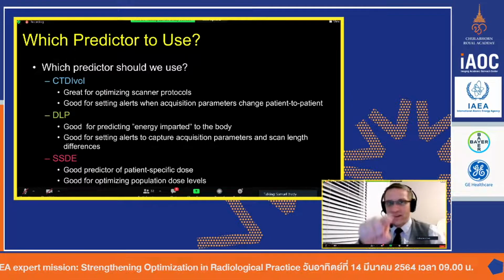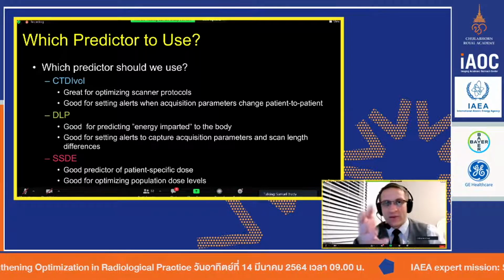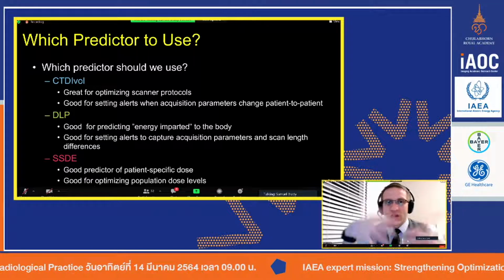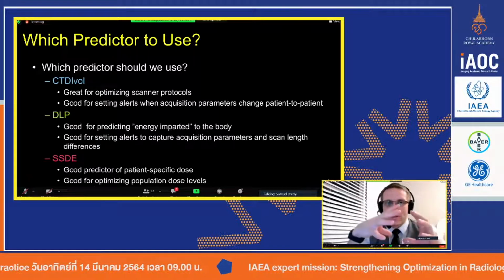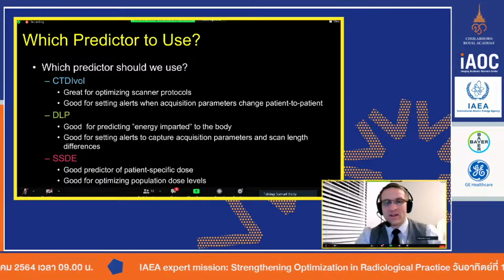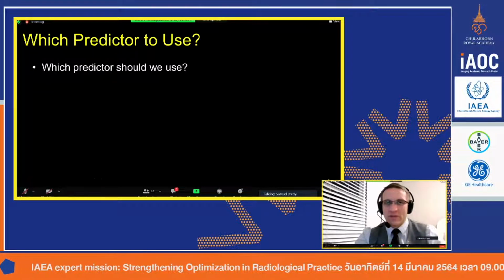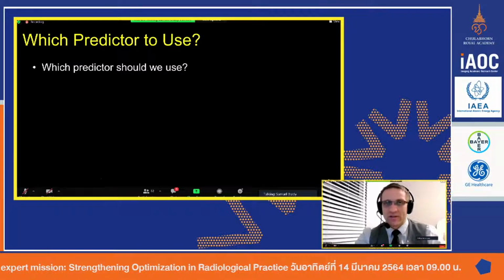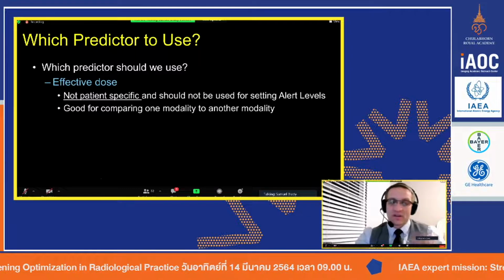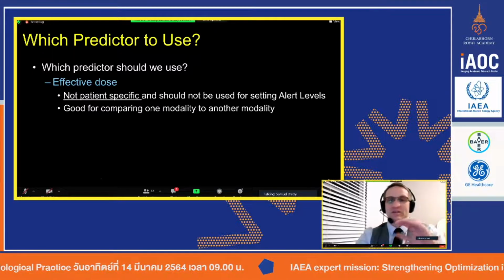It has nothing to do with humans. You could go scan a block of wood and it would have the same volume CTDI as a human would. But when you start doing SSDE, it starts to take into account the attenuation differences of size differences of the patient. And so it gives us a better estimate for what the actual patient would get if we calculated patient dose.